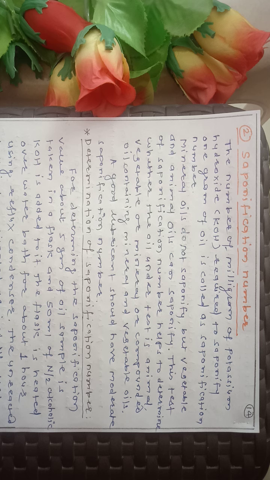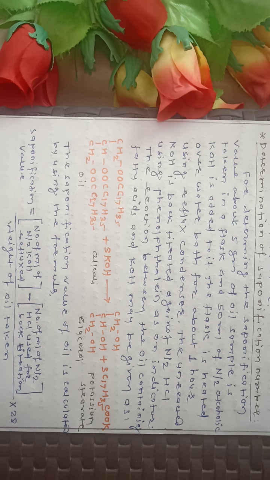So the saponification test plays a very important role in identifying the type of oil. A good lubricant should have a moderate saponification number. It should not be very high or very low, but moderate.